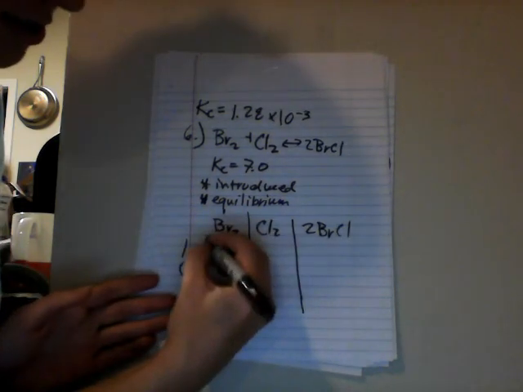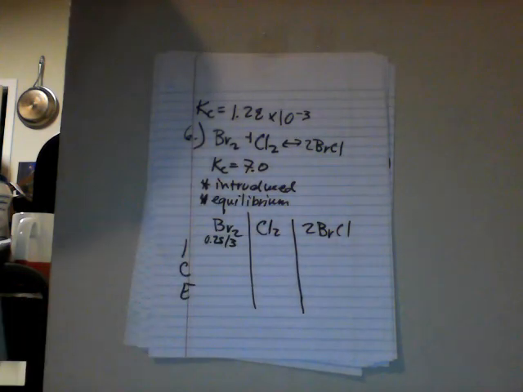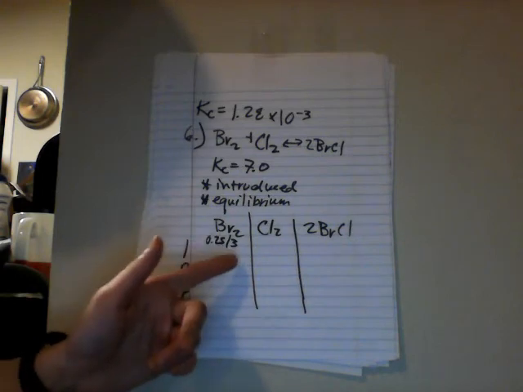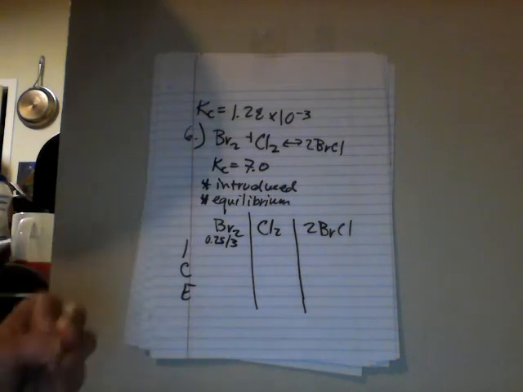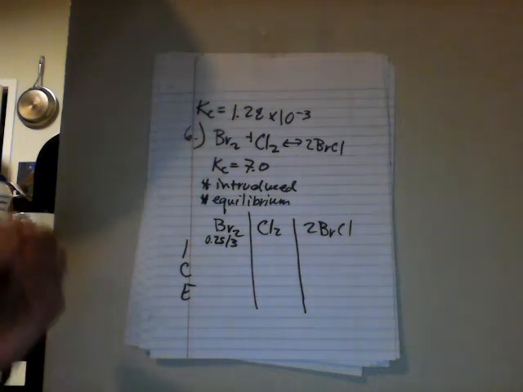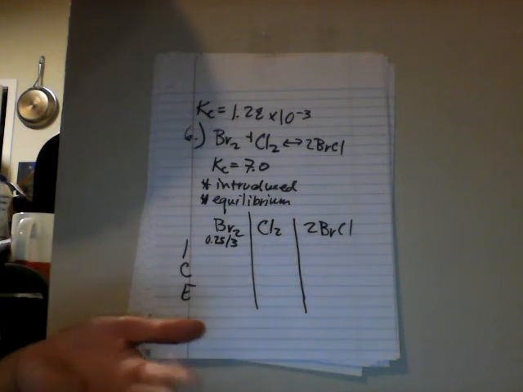Br2 has 0.25 moles in a 3 liter container. Now I shouldn't have to explain that again, right? Because moles, 3 liter container. We need a concentration here. They either need to give us pressures or they need to give us concentrations.